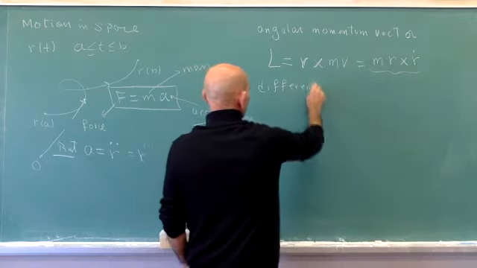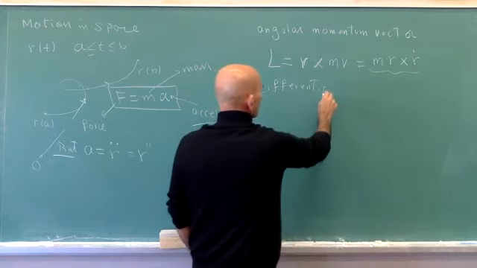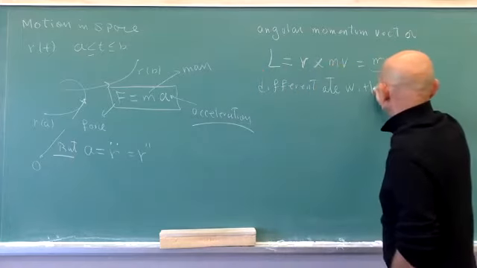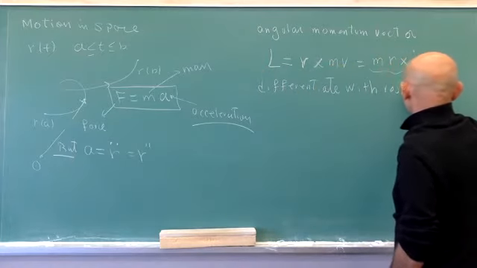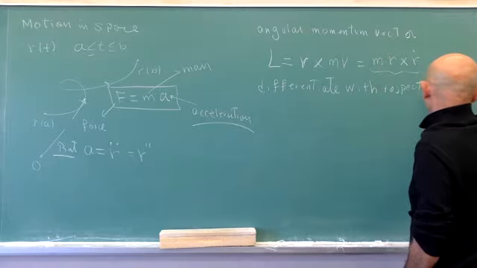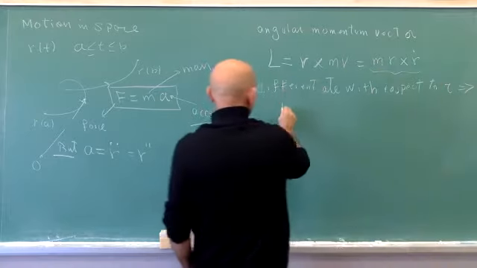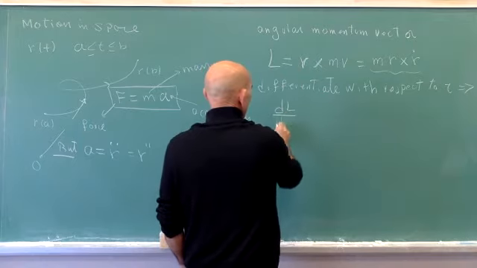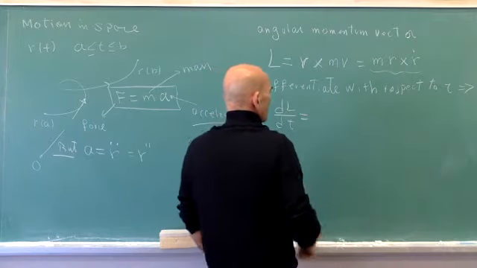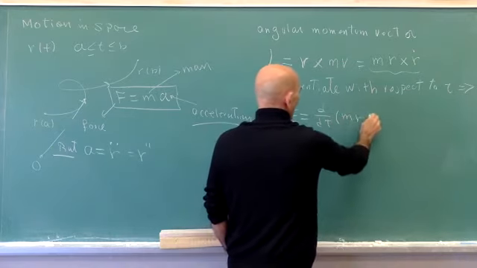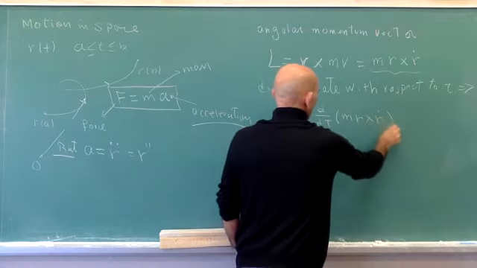Now let's differentiate this with respect to t. So what do we get? We get dL/dt equal to d/dt of m r cross r dot.